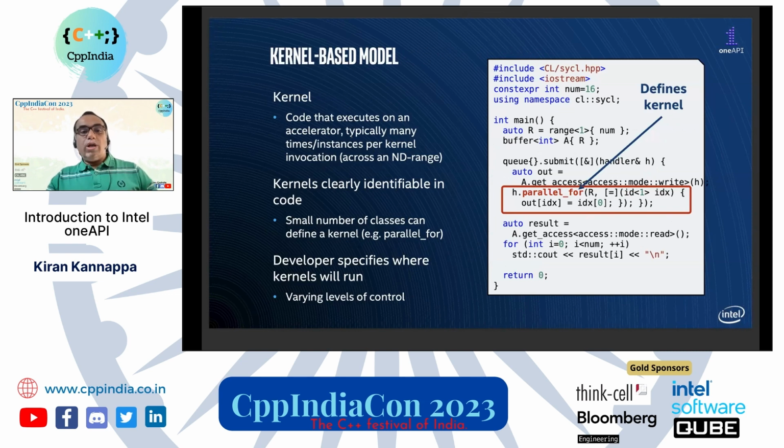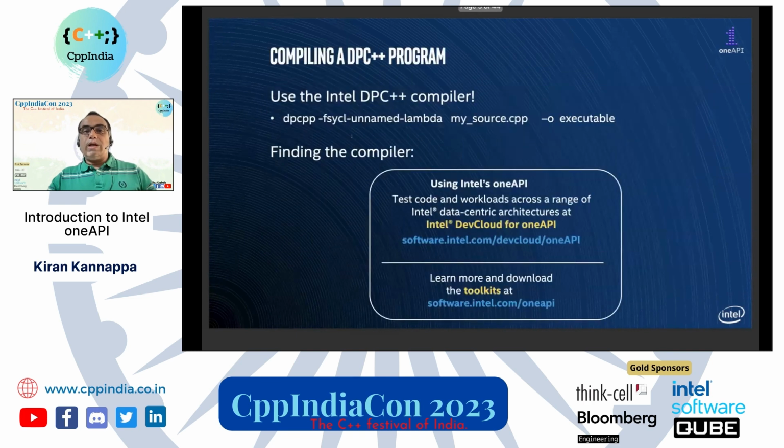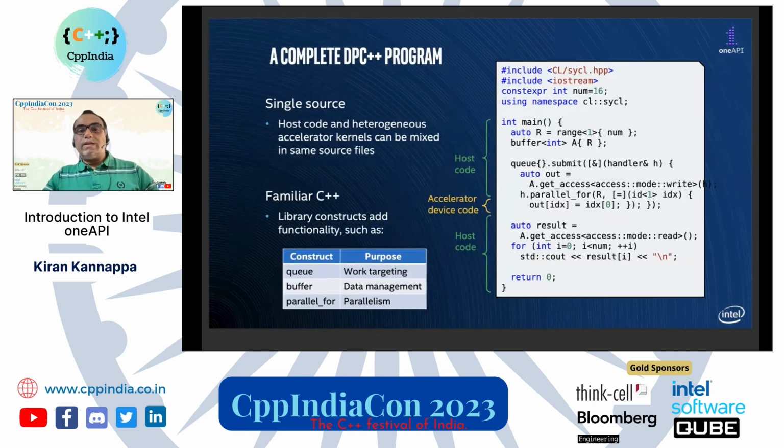Now, as you saw in the previous slide, one second, I'll go back to the slide. As you saw in this previous slide, the portion shown with the green bracket is running on the host. The portion shown with the yellow area is running on the device, and then there is host code again, right?